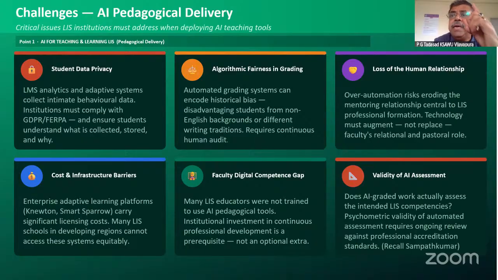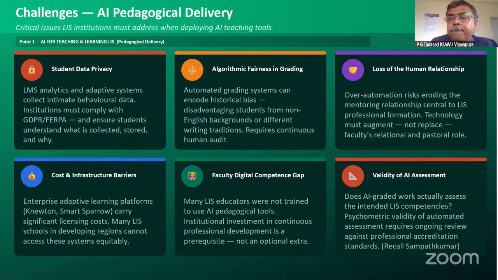Underline intimate behavioral data. This intimate behavioral data could be misused like anything. Hence, we require certain GDPR or FERPA guidelines.